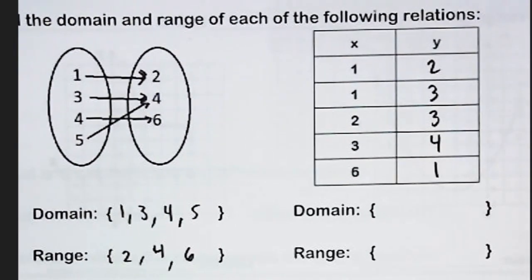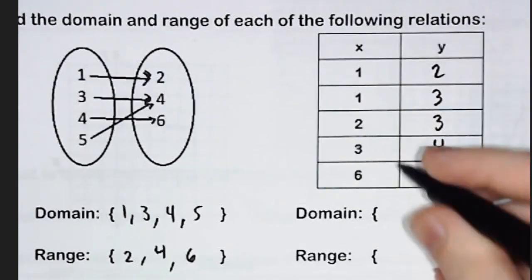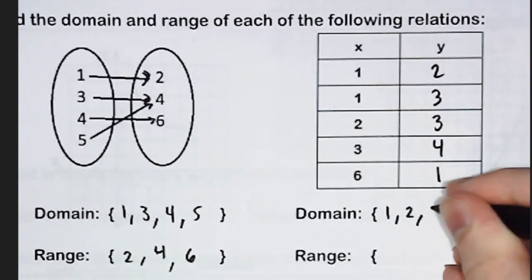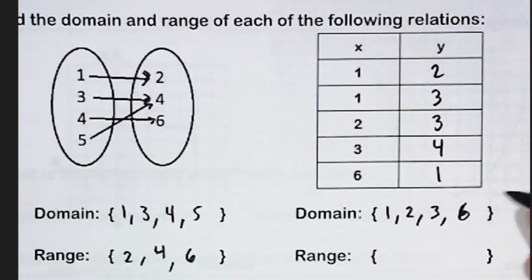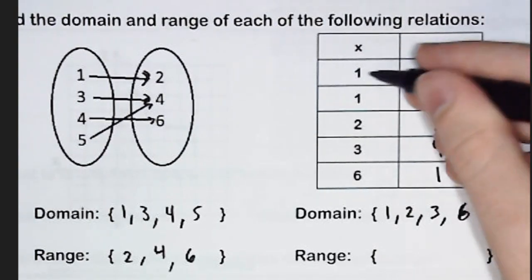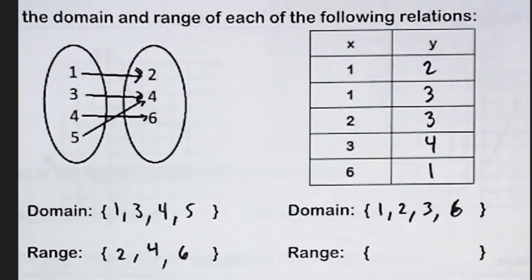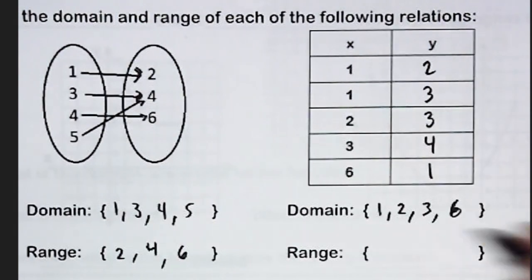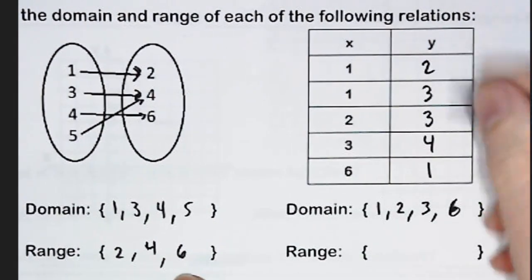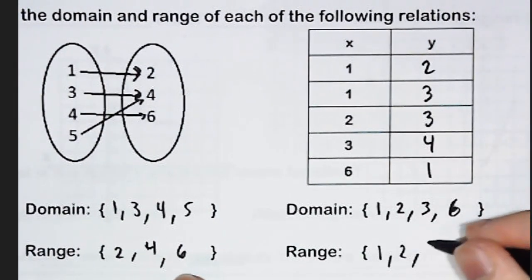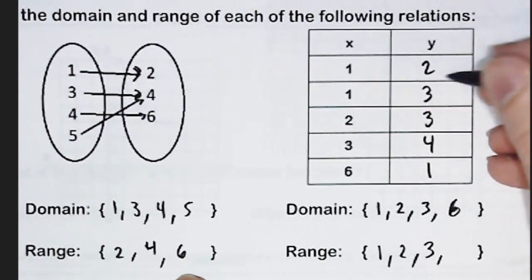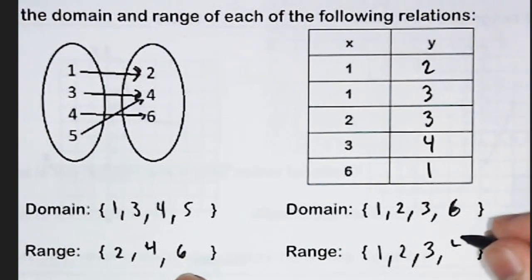That's just a preference for me personally. But 1, 2, 3, 6 is how we write this. Keep in mind we do not write the 1 twice because we don't want the values to be repeated when we list them. Now for the range, it would be 1, 2, 3. There are 2 3s, but we only write it once, and then 4.